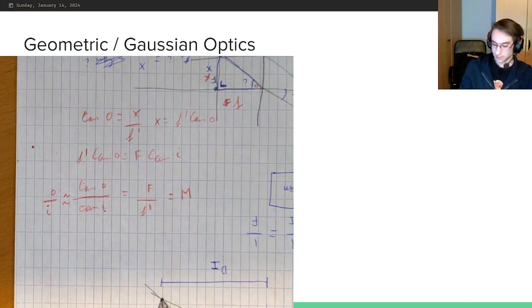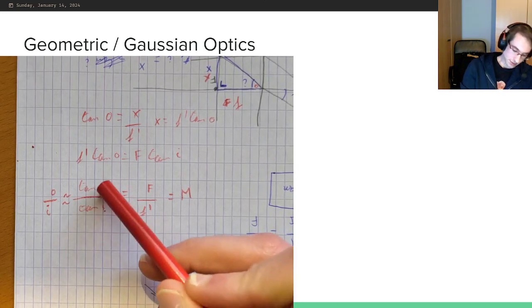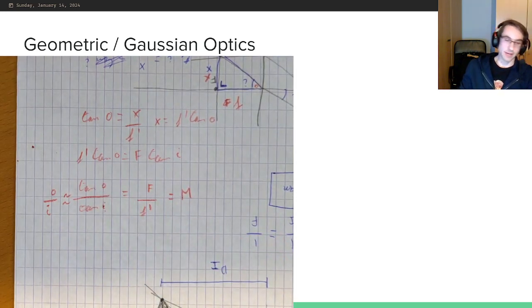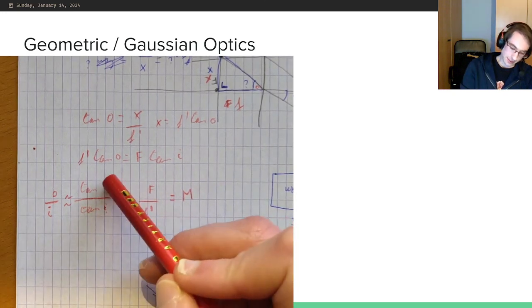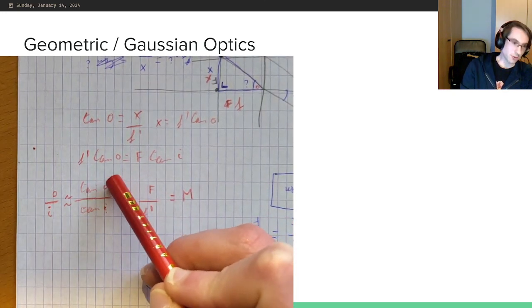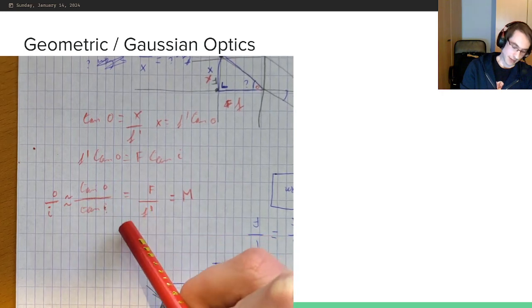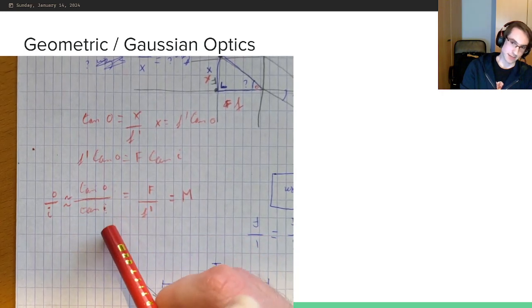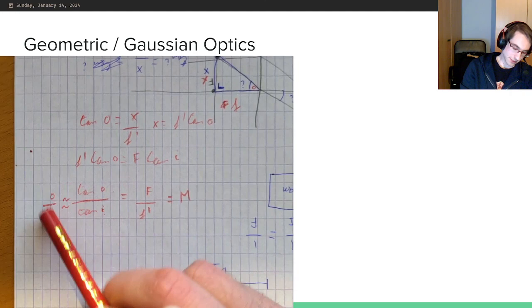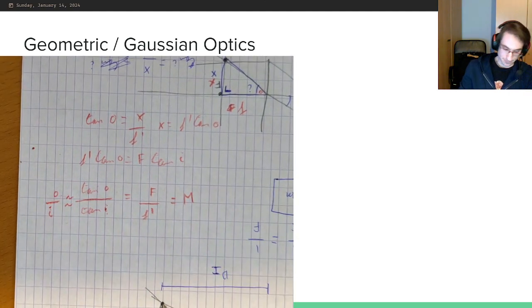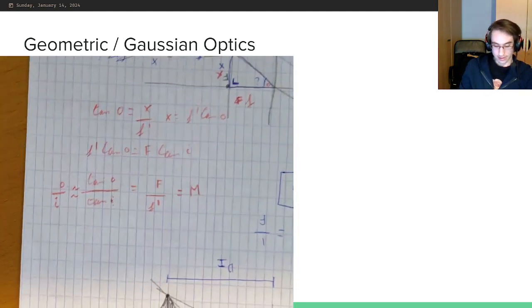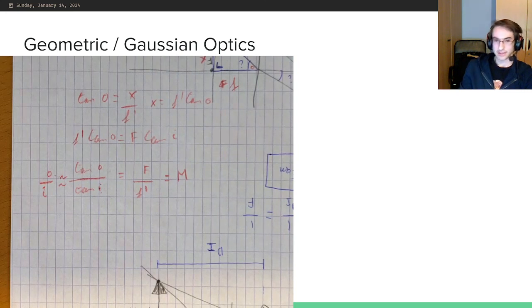Because in physics, we love our first order approximations. So basically, if these angles are small enough, or if any variable is small enough, then plugging it into any function is going to give you approximately a linear function. So if O is small, this is something that's proportional to O. If I is small, this is something that's proportional to I. These proportionality factors are the same, so they cancel, and you get O over I. If these angles are big, then this is not really true anymore.